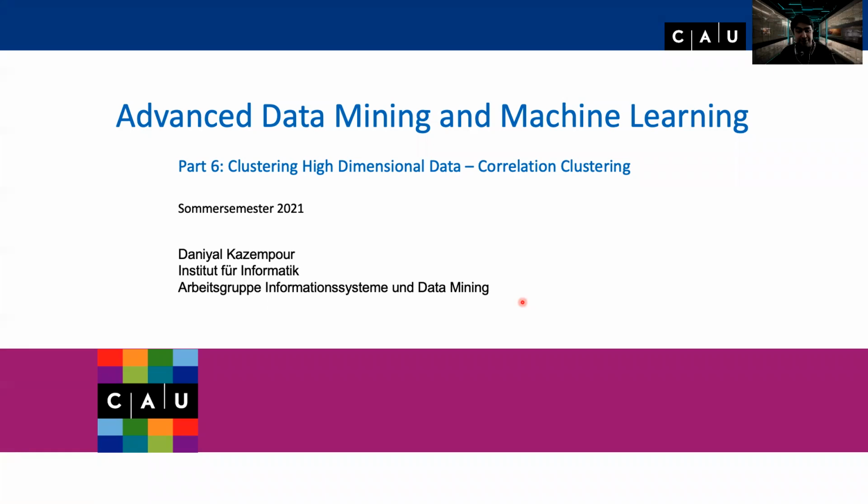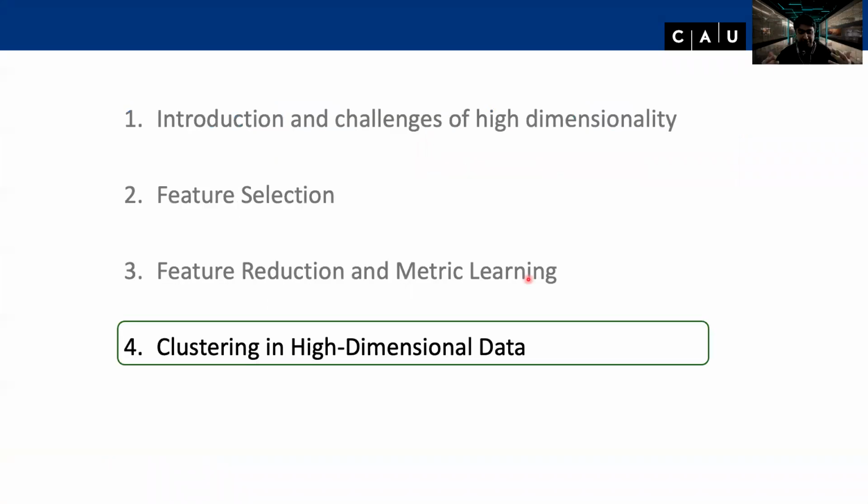But first things first, let us see where we actually are in our current agenda that we have passed so far in this lecture. So Professor Kröger introduced you to the challenges of high-dimensional data. Further on, he introduced you to feature selection, feature reduction, and also a bit of metric learning.